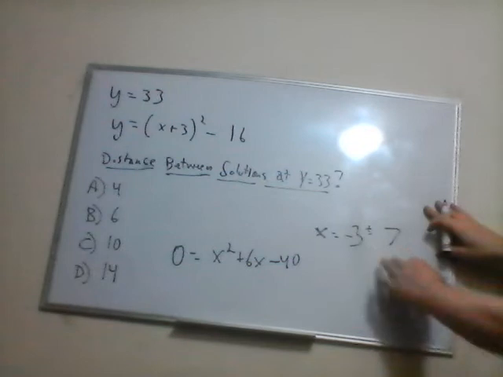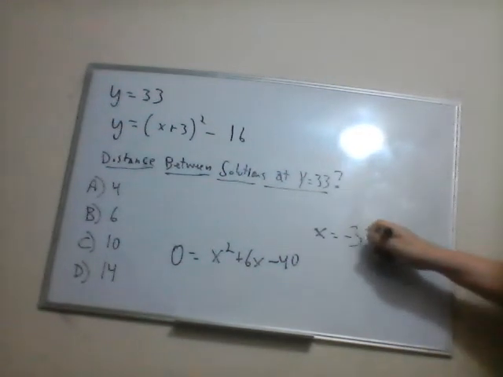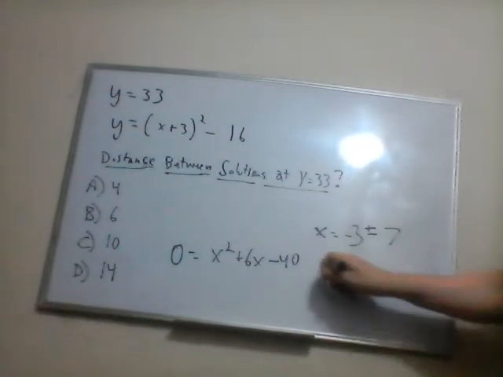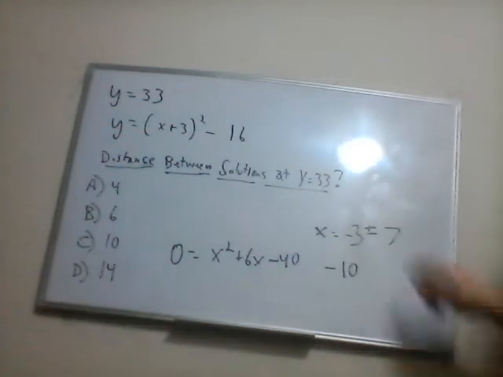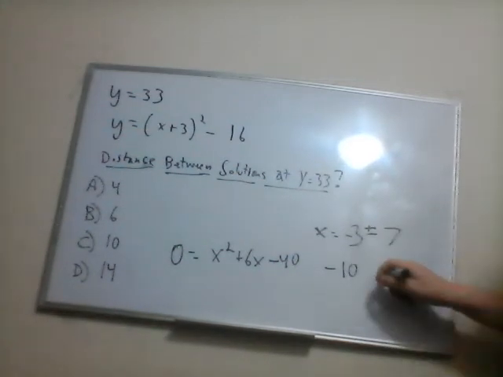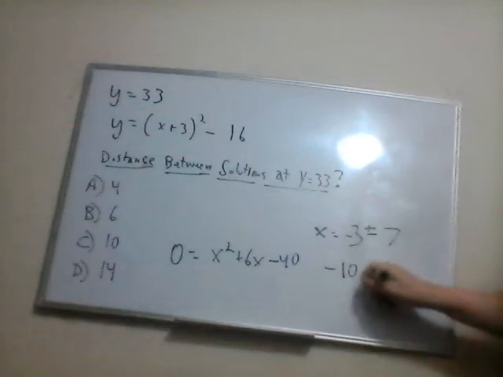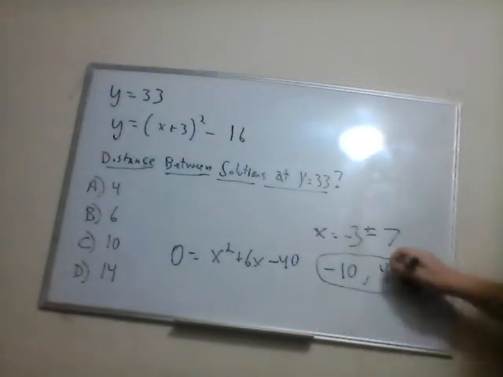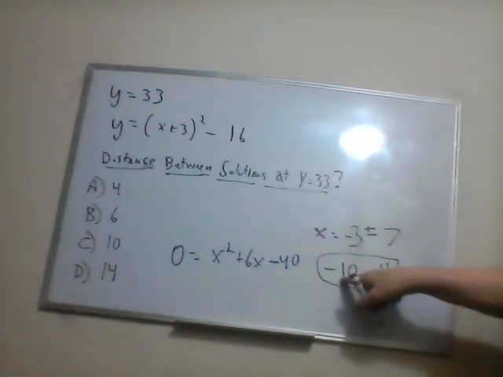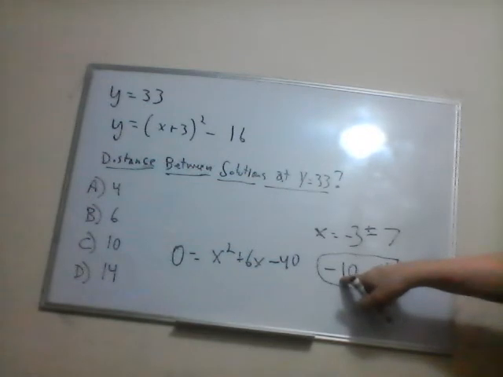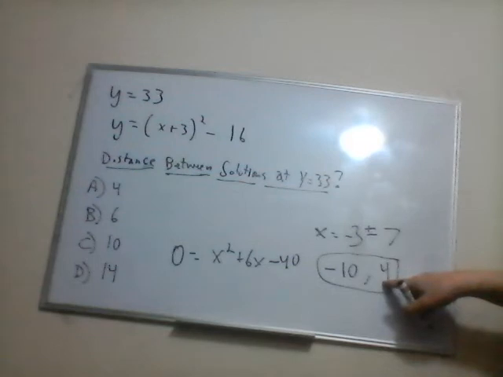From there, you can calculate these 2 points. Minus 3 minus 7 is minus 10. Minus 3 plus 7 is 4. So your solutions for x are x is minus 10, y is 33, x is 4, y is 33. And you can run those through and see what they fit.